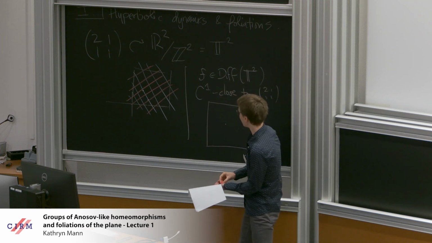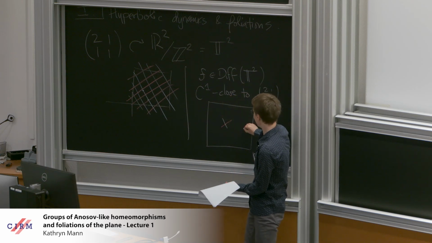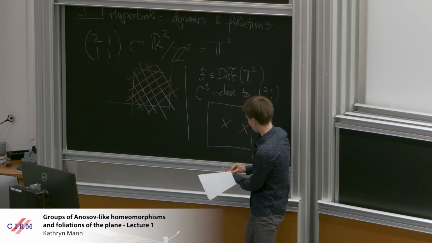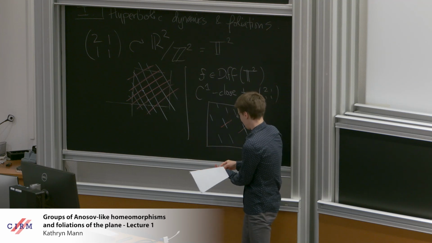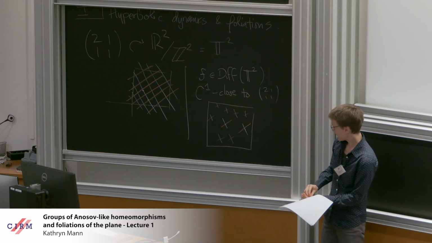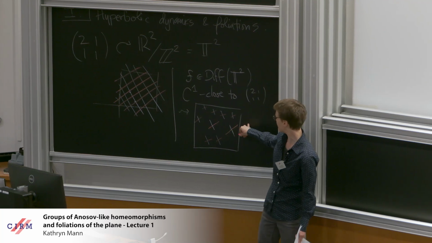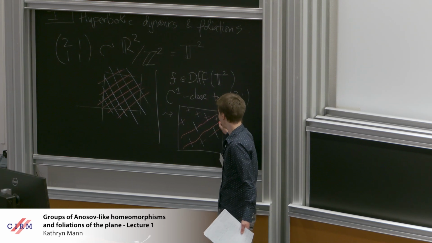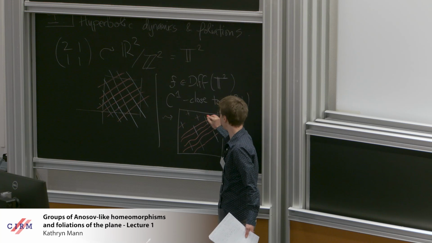And so this gives me two invariant line fields given by the eigendirections of the derivative, which now maybe vary slightly, and they're always close to the one that was there before. So now this lives in the tangent space. Okay, so this gives me this kind of picture, and I could integrate these line fields and get invariant foliations, which now are going to be close in the C1 sense to what I had before.